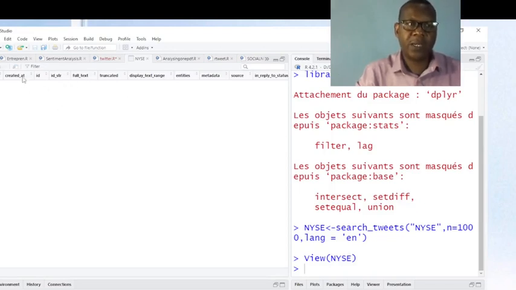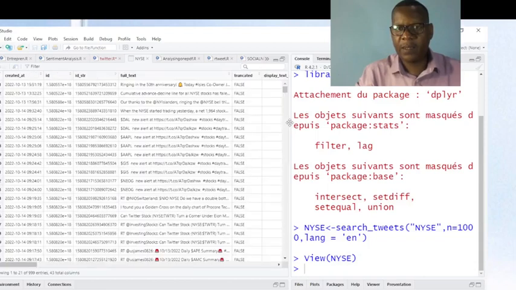You see created at, ID, and full text, truncated, display text range, entities, metadata, source, and so on, in reply to status, and so on. There is some information that you can get.